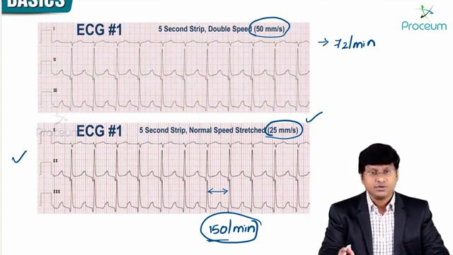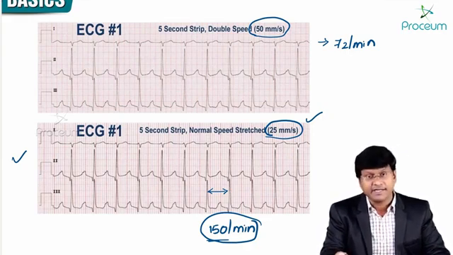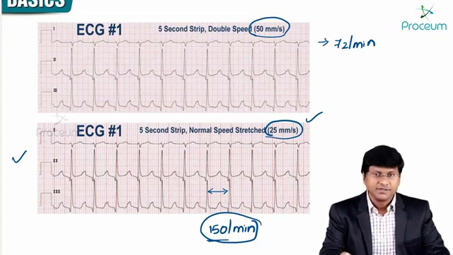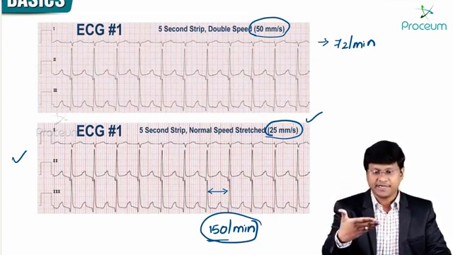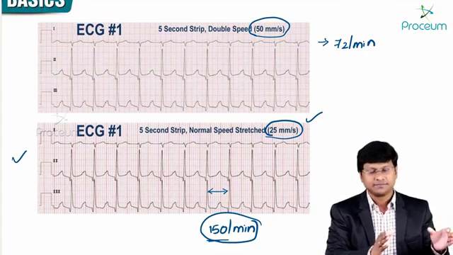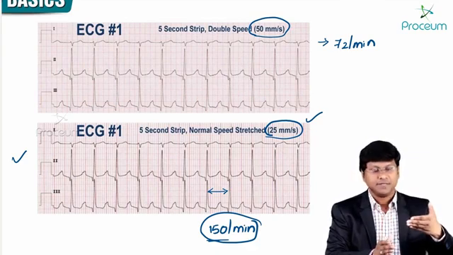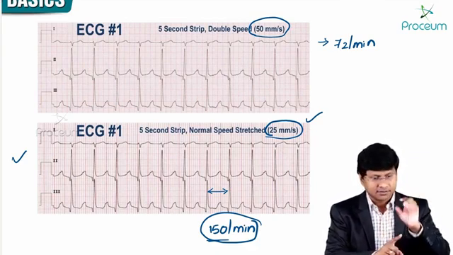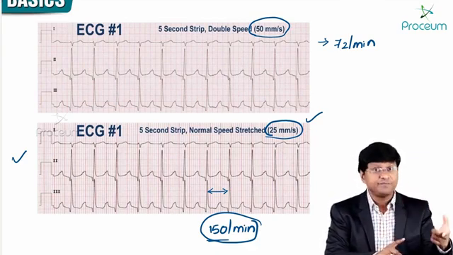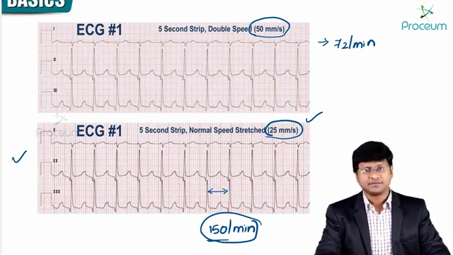Before considering that there is some abnormality in the patient, first you need to look at the ECG paper at what speed it is coming out. Always in one corner, the speed will be mentioned on your ECG paper. If it is 25 mm per second, then it is correct. If it is 50, that means the problem is in the ECG machine.